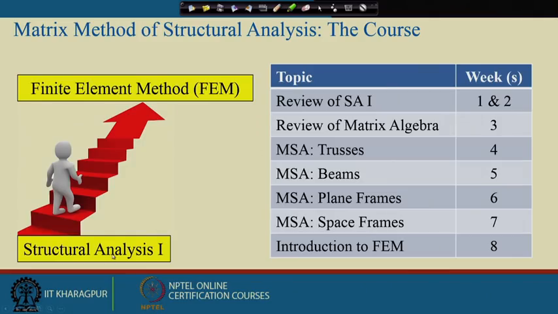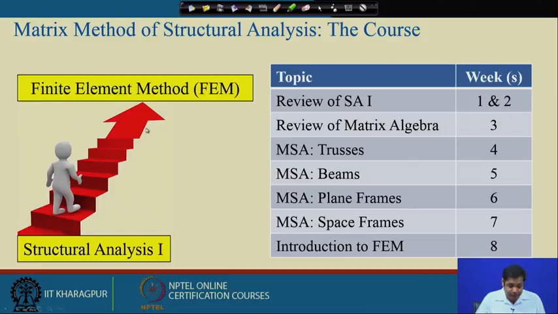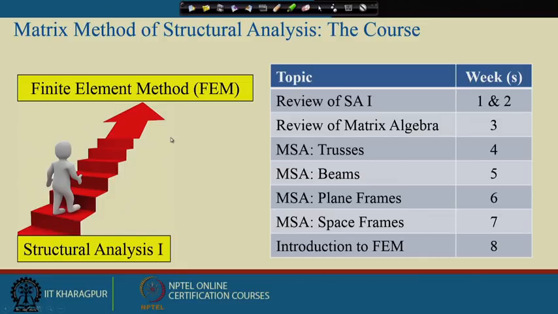Structural analysis 1 is the foundation for this course. So, you already know structural analysis 1. Then this course is a journey which takes you from structural analysis 1, and at the end it will prepare you for a more advanced, more sophisticated, more elegant, more general course called the finite element method, which also does the same thing, breaking the entire problem into pieces and assembling them, but in a more mathematically sound way.